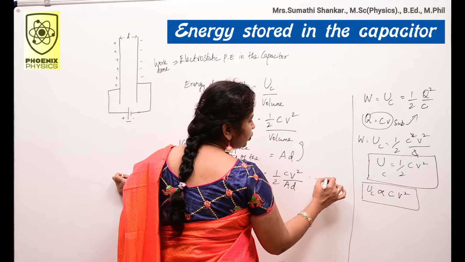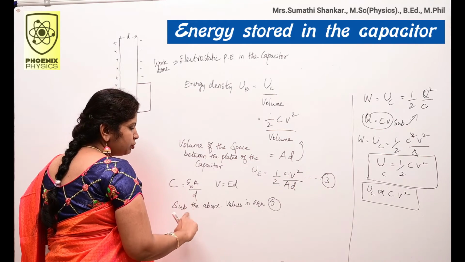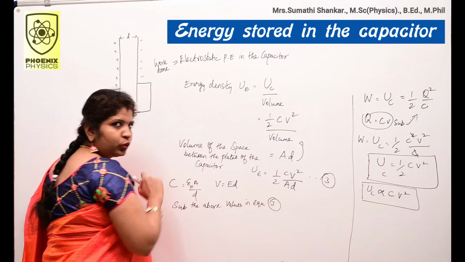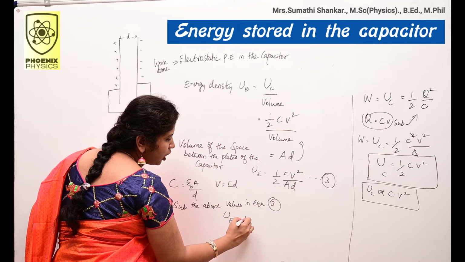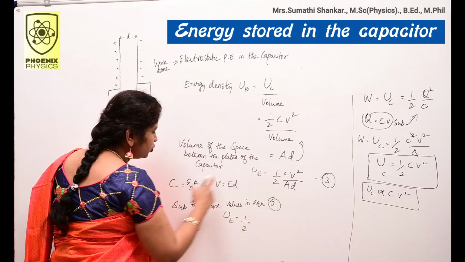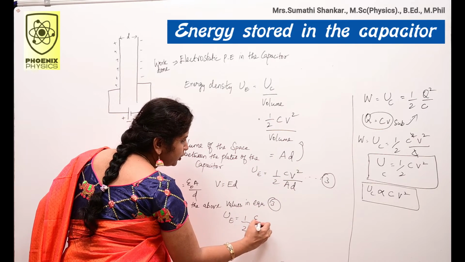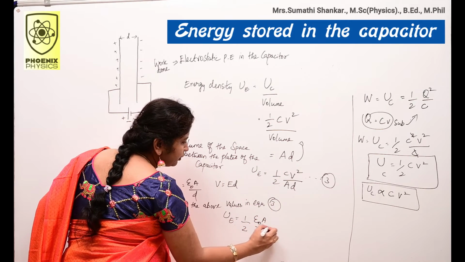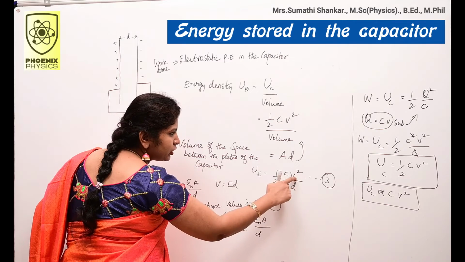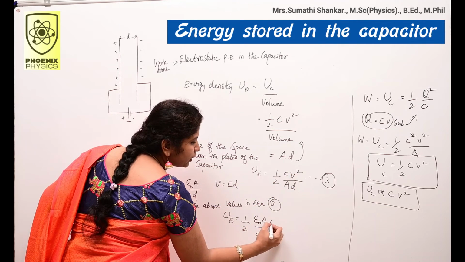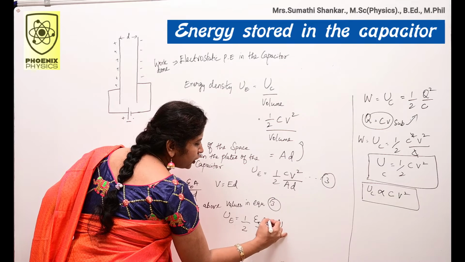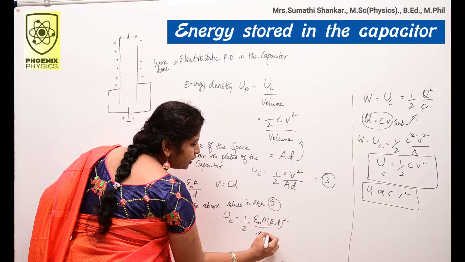Say this is my equation 3. Substitute the above values in equation 3. What is your equation? UE is equal to half. Instead of C you substitute epsilon naught A divided by D. Instead of V you substitute ED. Here V squared, right? So you can write ED the whole square divided by AD.